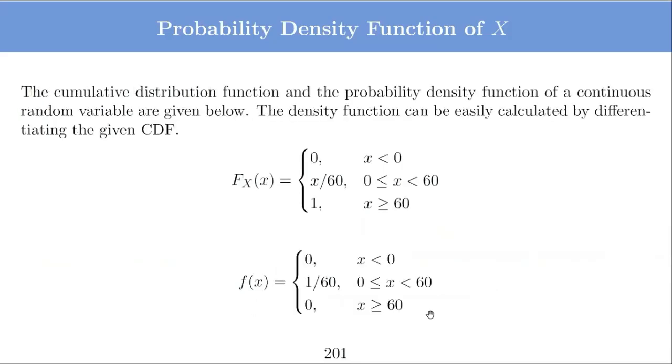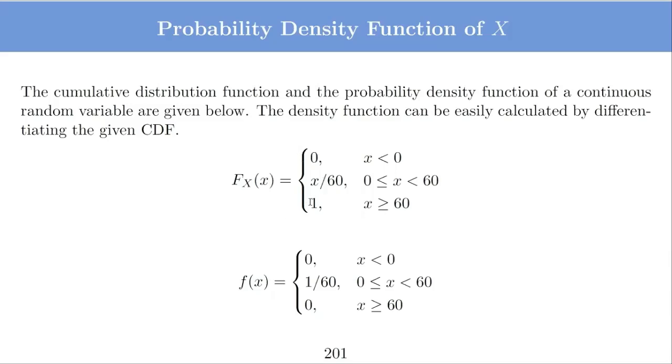If you apply this to the example we have taken, where X is a waiting period in which a person arrives between 2 to 3 p.m., and the random variable was 60 omega, we have computed this CDF. If you differentiate it, you can see that for x less than 0, F_X is 0, so the differentiation is also 0.